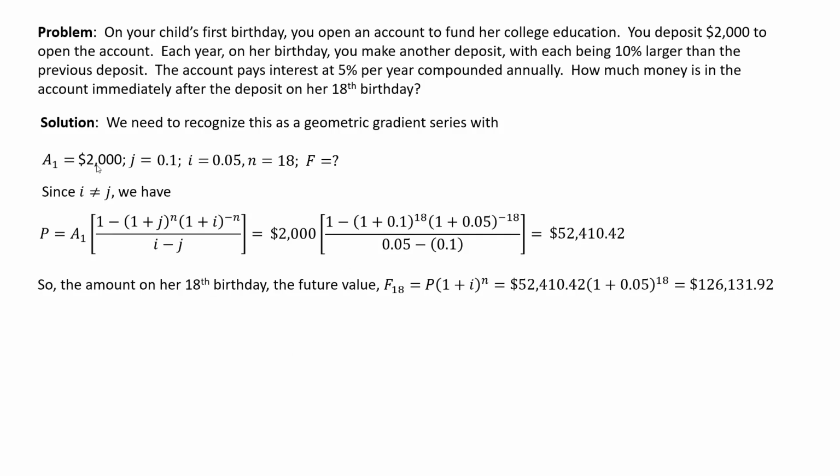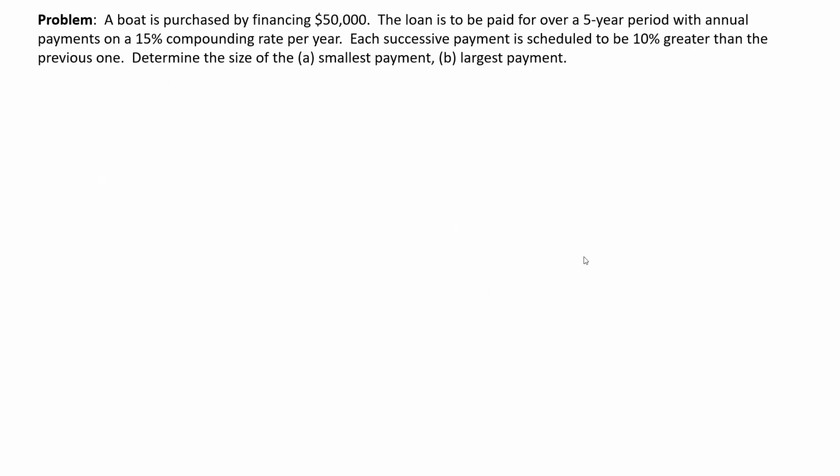Just $2,000, and then you keep increasing it by just a mere 10%. 2,000 times 1.1, 2,000 times 1.1 squared, and so on. So if you do that, you end up accumulating $126,000 by the time the daughter reaches her 18th birthday. That is interesting. Cool. Let's look at another one.